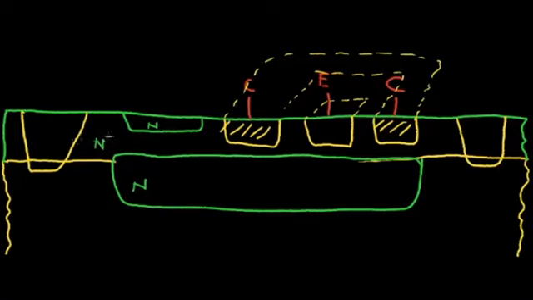And so what we have here is P material here, we have an N material here, and we have a P material for the collector. Thus we have a P and P.